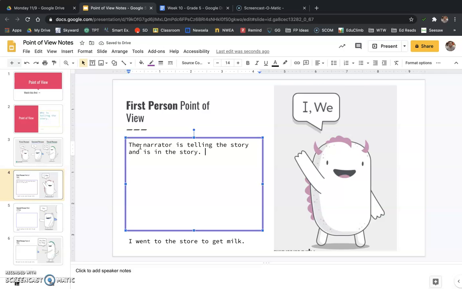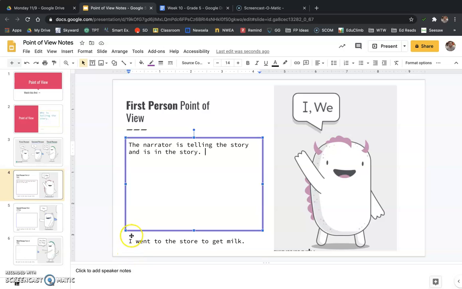In first person, I would be telling all of you about my weekend. I went to a town and hiked. I spent some time outside. I saw some dogs. It's I, me, we. Those are the words that you're going to see in first person.